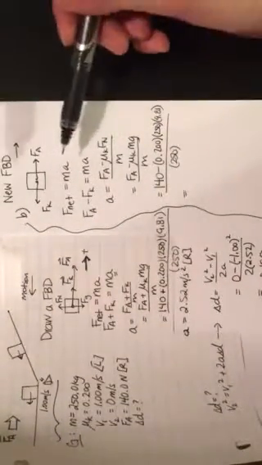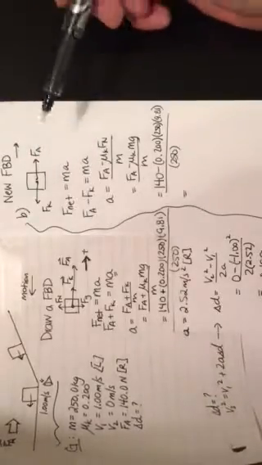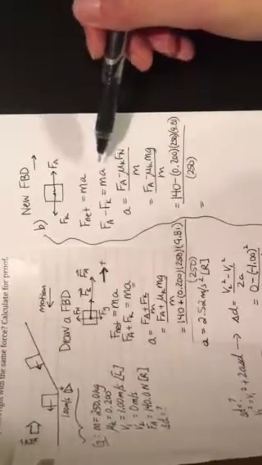I'm so sorry. There you go. So same as before, but now our FA and FK are in different directions. So our net force equation looks slightly different, but all of our numbers are going in the same, and our result's going to be different. So when I calculate that, I'm going to get an acceleration of negative 1.40 meters per second squared. That means my acceleration is to the left.